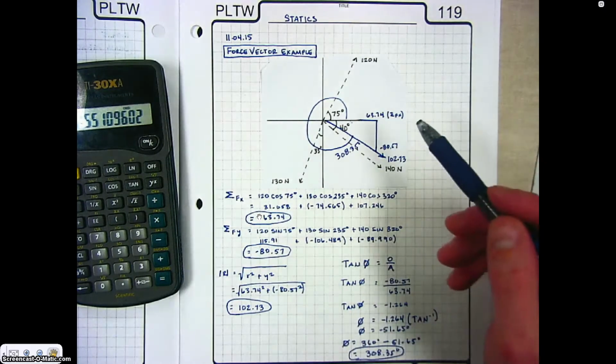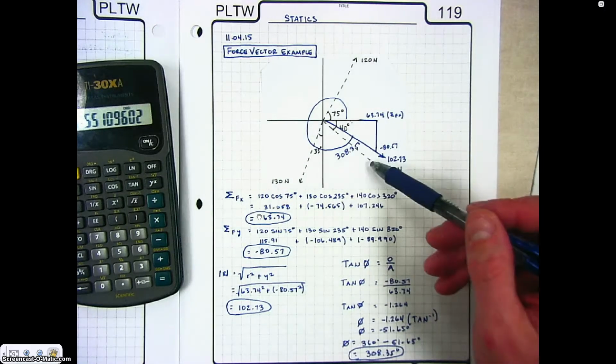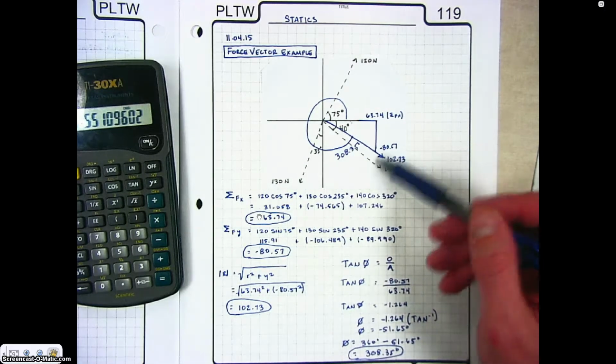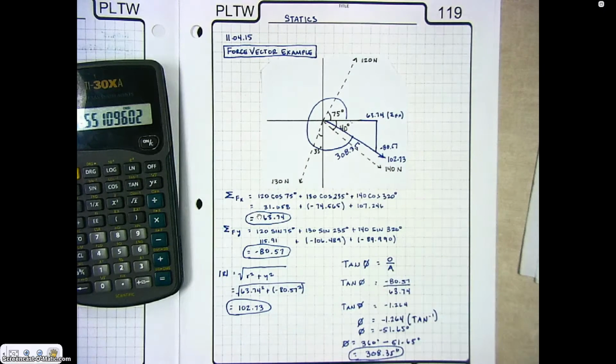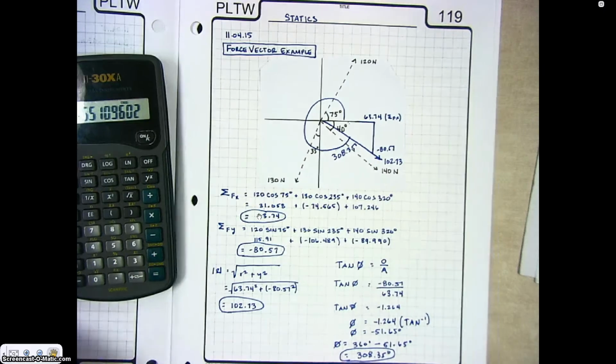So if we were doing tug of war, person C would win the tug of war contest. And so that's how you calculate vectors.